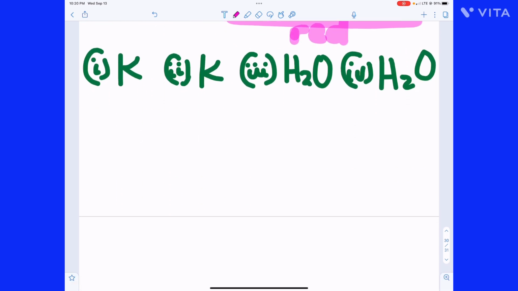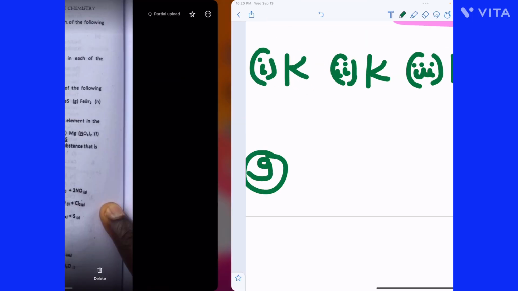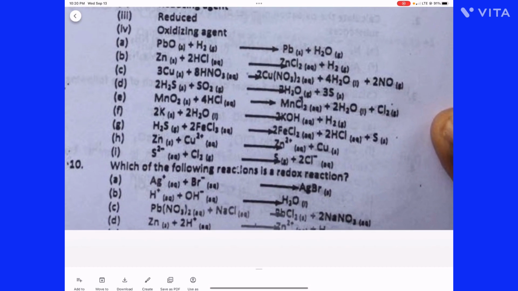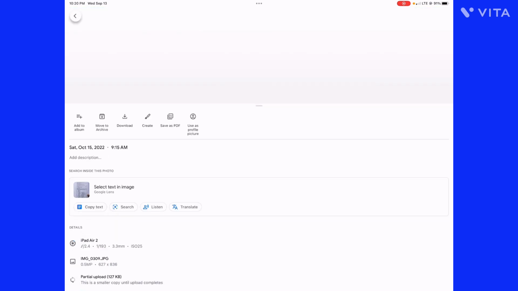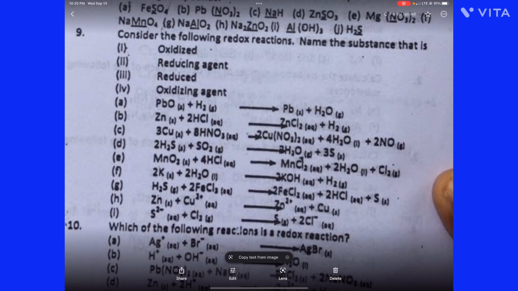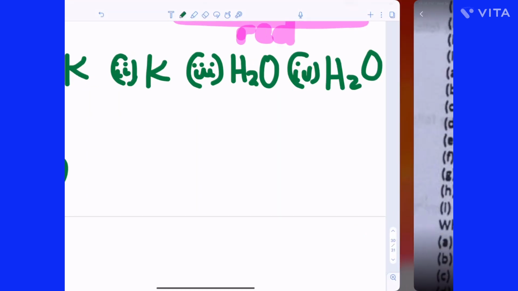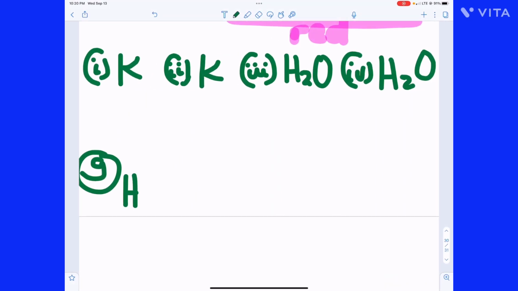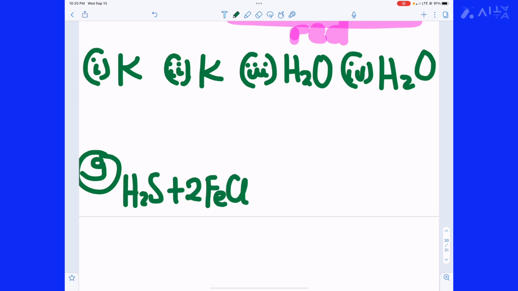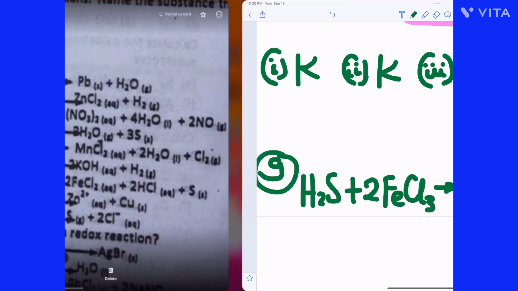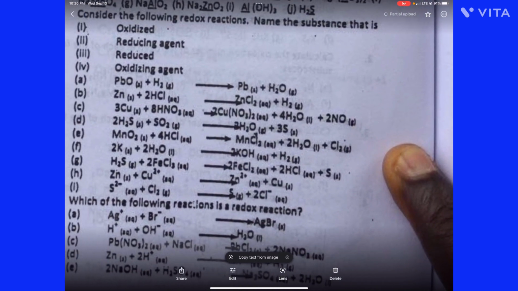G. In question G, what do we have in question G? It says H2S. Question G says H2S plus 2FeCl3. Let me write it down. H2S plus 2FeCl3 to give, I think it's a pretty long reaction.